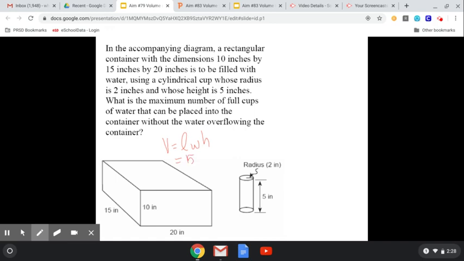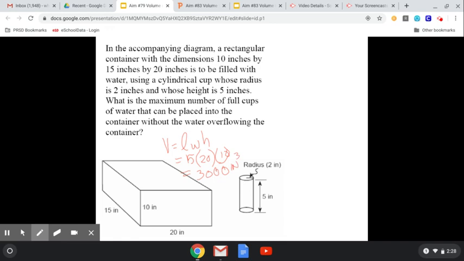So 15 times 20 times 10. I believe if I mentally do the math, I think it's 3,000, but I'm just going to do it anyway. 15 times 20 times 10. Yep, 3,000 inches cubed. So that's the volume of that tank.